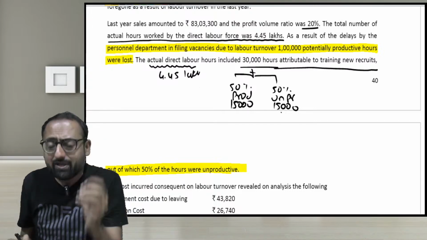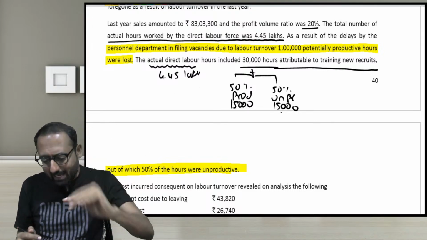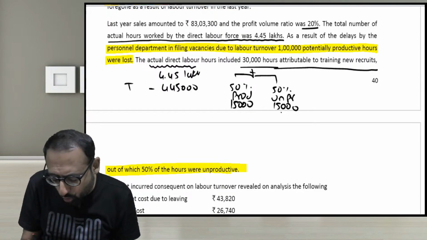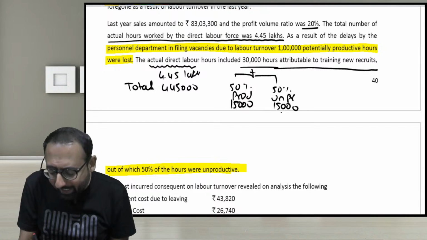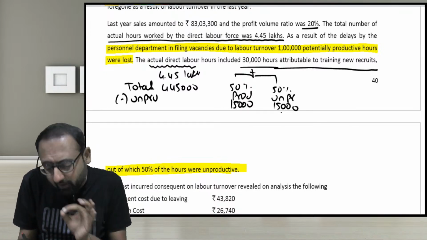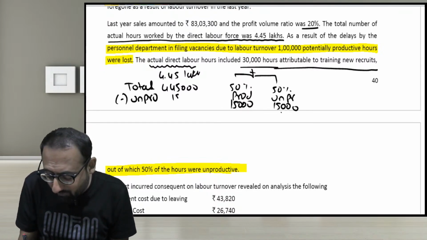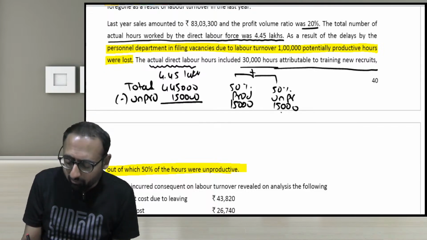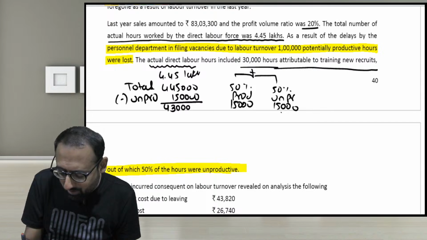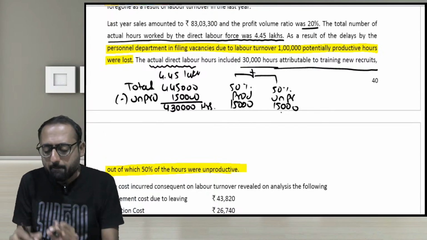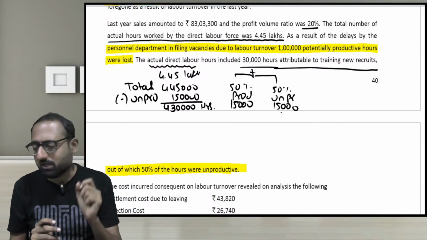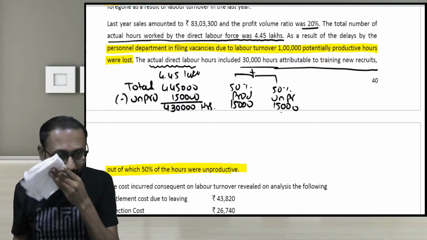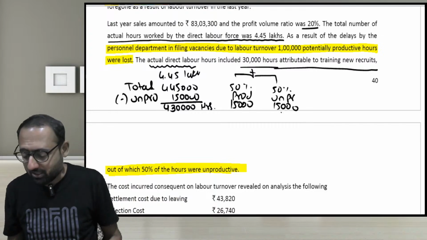So the net productive hours worked last year will be 4,45,000 minus 15,000 unproductive training hours. So last year you worked for 4,30,000 hours only, actual productive hours, after deducting the unproductive hours. Are you getting the point?